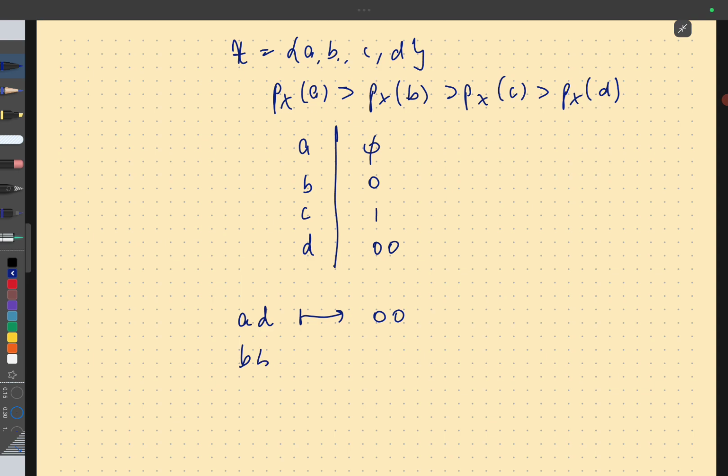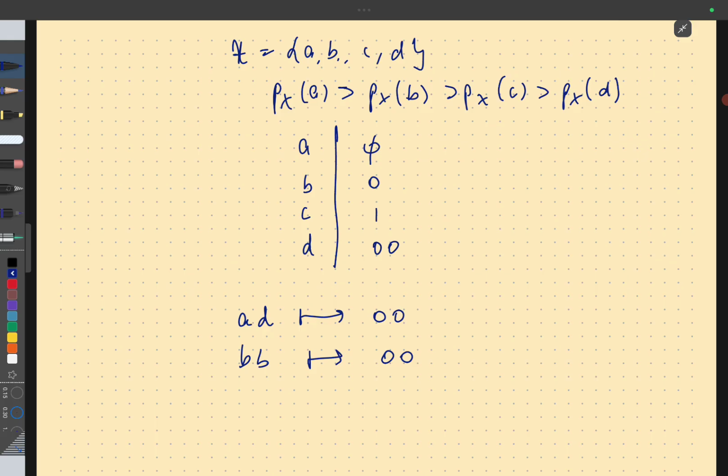What would be the encoding of BB? That's also 0, 0. So now let's say the decoder sees 0, 0. What does it do? Does it output AD or does it output BB? It doesn't know, right? So it's impossible for the decoder to recover either of these 2 symbols.